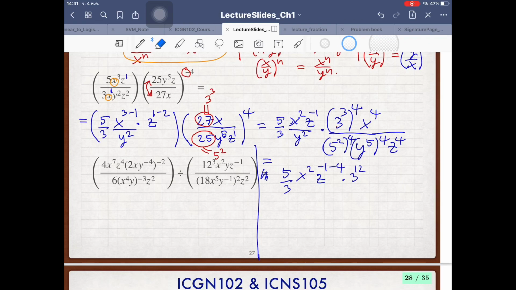So let me combine with x squared. This could be plus. And then we also have the term of number. You have 5 to the power 8. And then you have y to the power 2 plus 20.